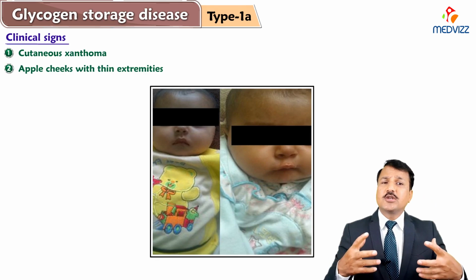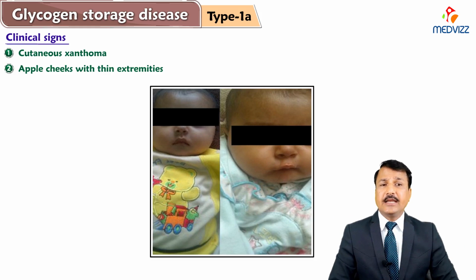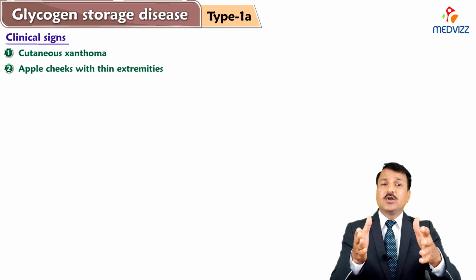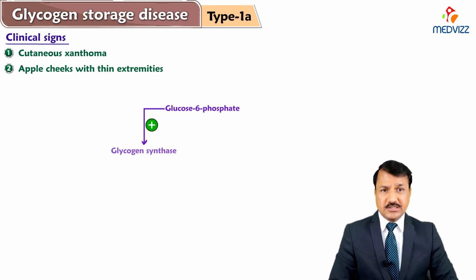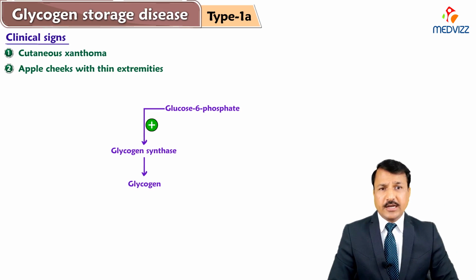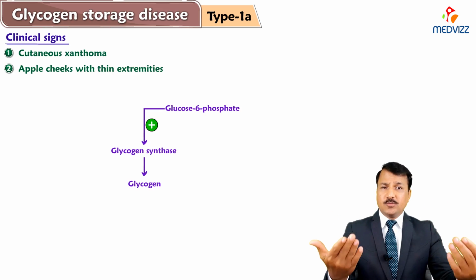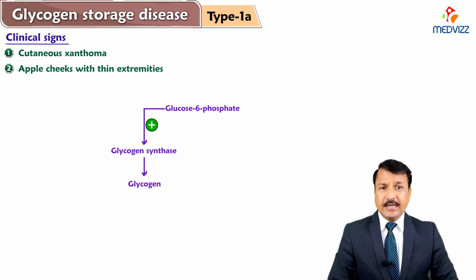And these patients will show accumulation of glycogen in the liver and glycogen in the kidney. Why? Because elevated glucose 6-phosphate positively acts on the glycogen synthase enzyme, because glucose 6-phosphate is a positive modulator of glycogen synthase, thereby more and more glycogen is synthesized and glycogen degradation will be decreased. Why?